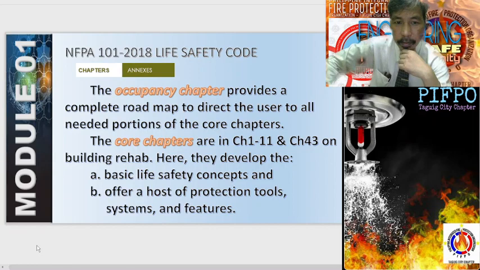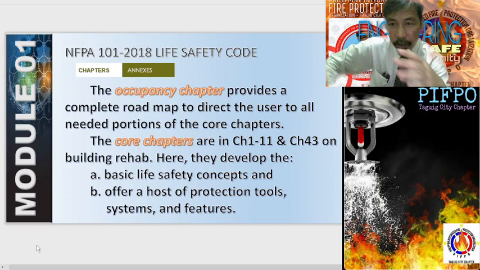That is the rule. So it is very important that we know that if there are conflicting rules, requirements, or provisions, the occupancy chapters would always take precedence over the core chapters. So that is all about the general description of the code vision and its explanation.